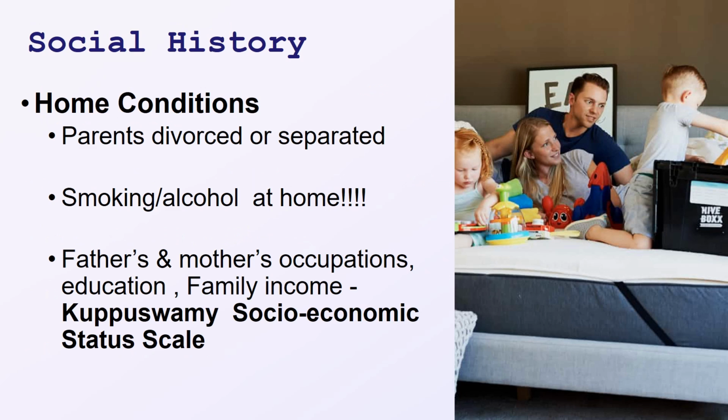The home condition, like whether the parents are divorced or separated, whether there are any smokers or alcoholics at home, which affects the child's growth and emotional growth also. And ask about the father's and mother's occupation, education, and then total family income, and then work out the socioeconomic status of the child using the Kuppuswamy socioeconomic status scale.